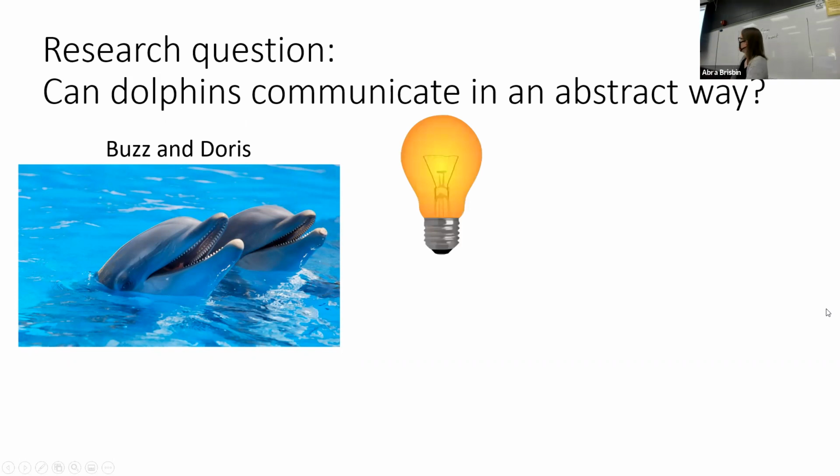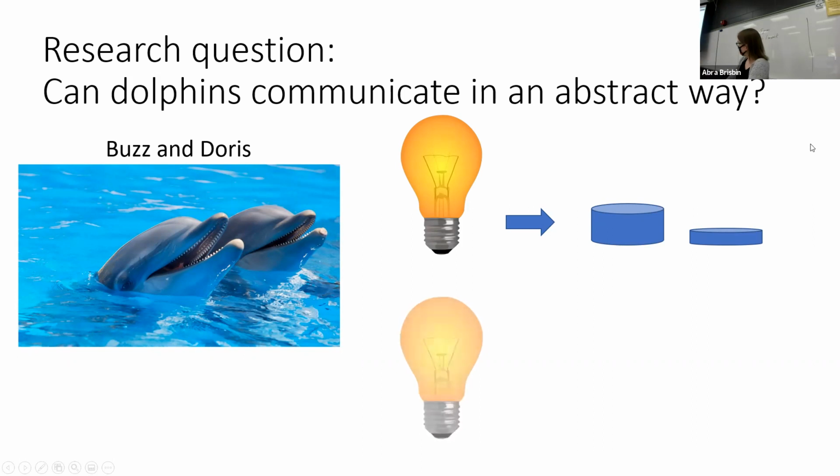He trained them that when a light came on and stayed on, they needed to press the right-hand button, and if the light came on and blinked, they needed to press the left-hand button. Each of the dolphins learned how to do this individually.